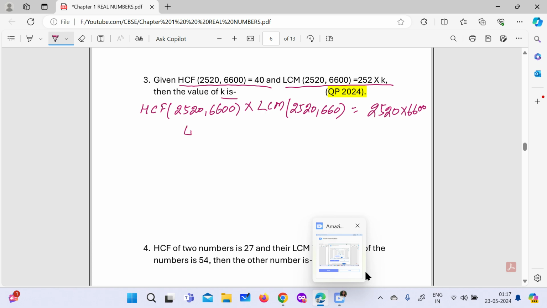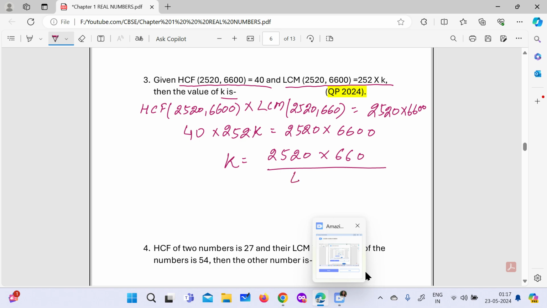Now HCF is 40, LCM is 252 times K, equal to 2520 times 6600. We work on it. So K is equal to 2520 times 6600 over 40 times 252. Yeah, this is simple.